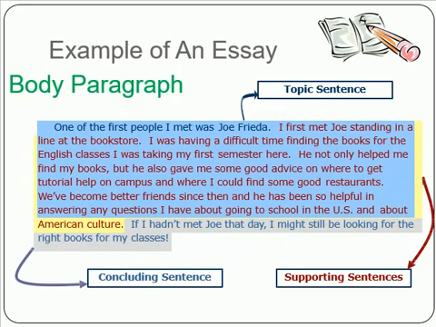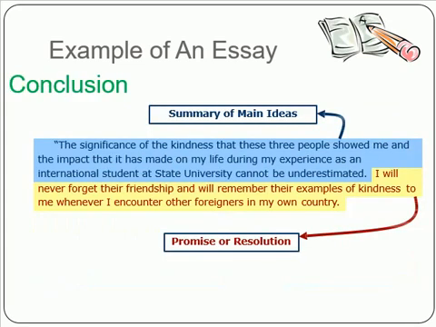And then this is the body paragraph, topic sentence, then supporting sentences, and at the end the concluding sentence. And this is the conclusion, a summary of main ideas. At the end there is a promise or resolution.